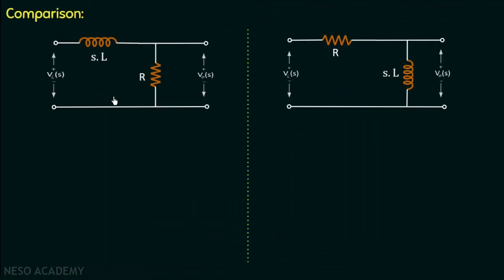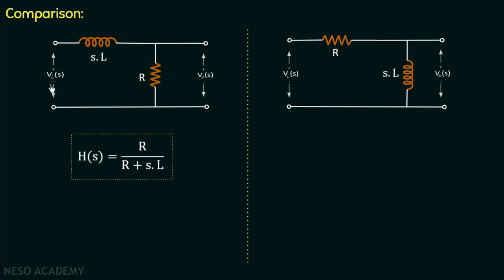So in this RL circuit, the output voltage is measured across the resistor and its transfer function is equal to R over R plus sL. We have calculated this in the previous problem. Now if we observe the behavior of inductor in this circuit, if we pass low frequency signal into the circuit, the inductor will behave as a short circuit and we will get some output voltage.